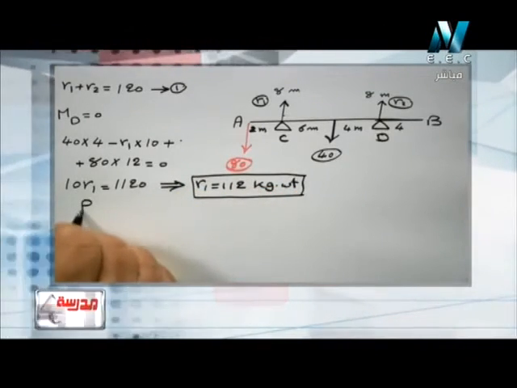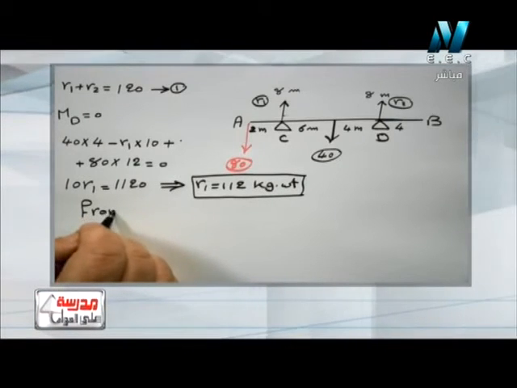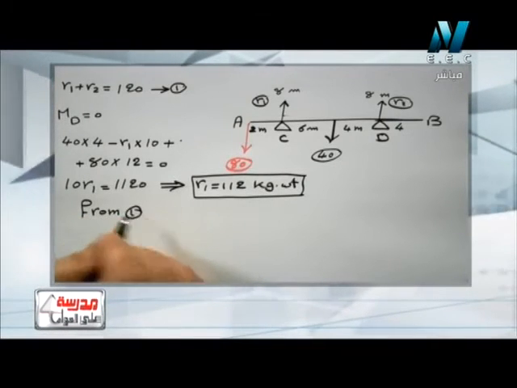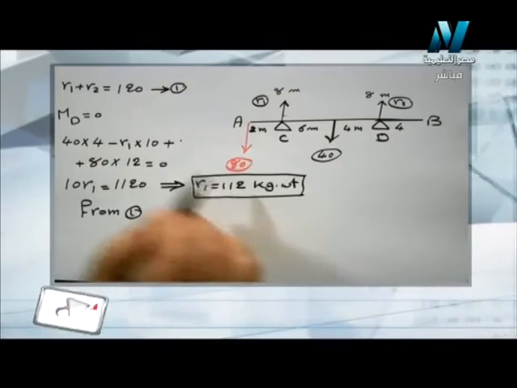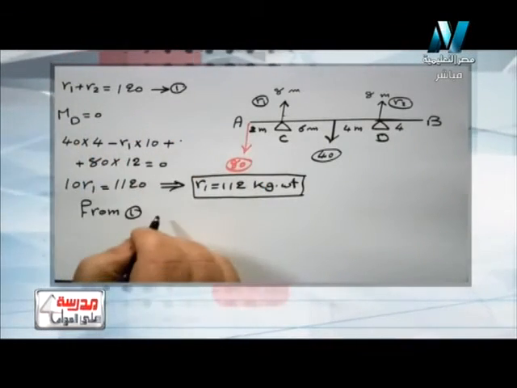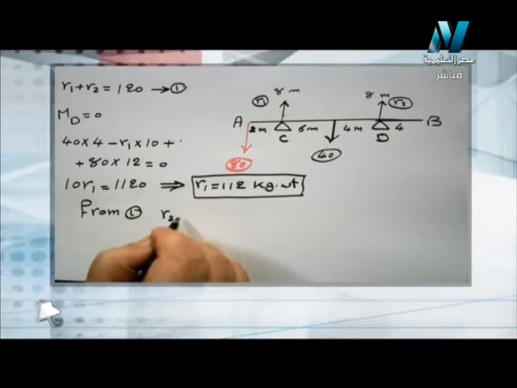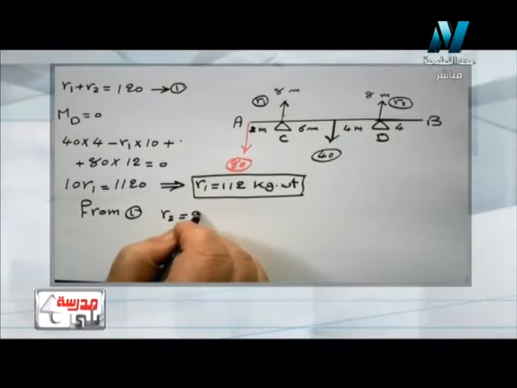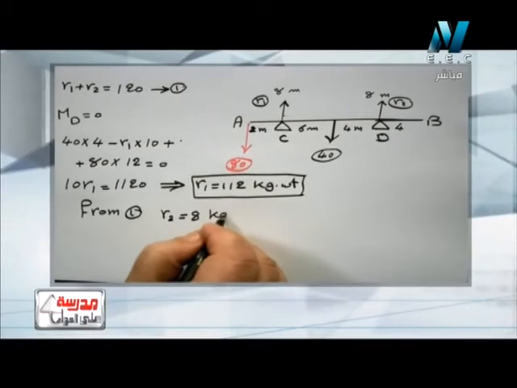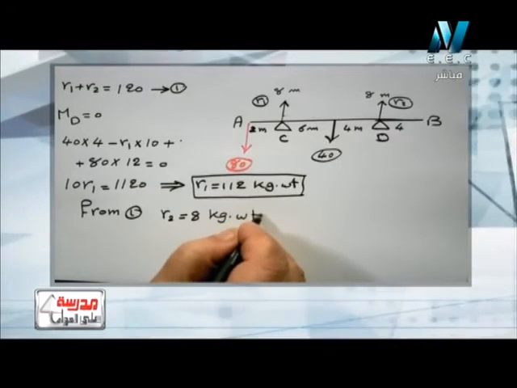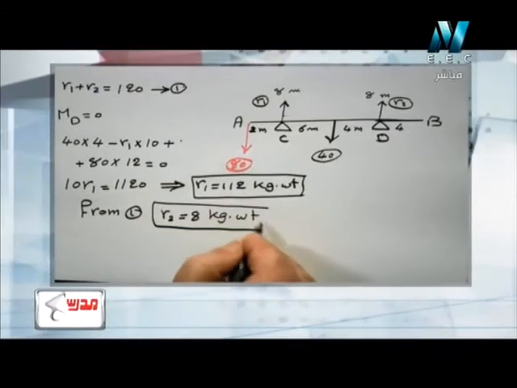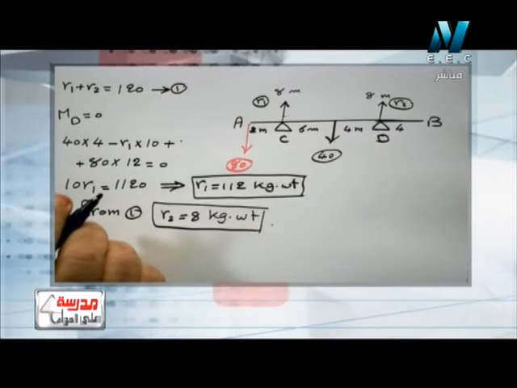From 1 put R1 112 in other side negative, then R2 equal 8 kilogram weight. ده كان الجزء الأول من المسألة.